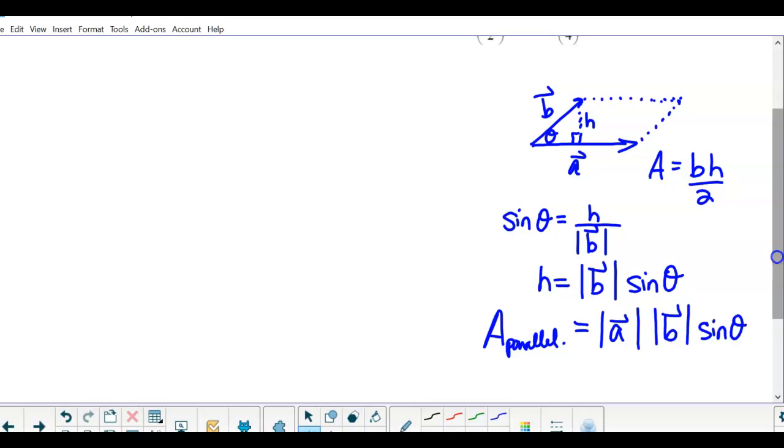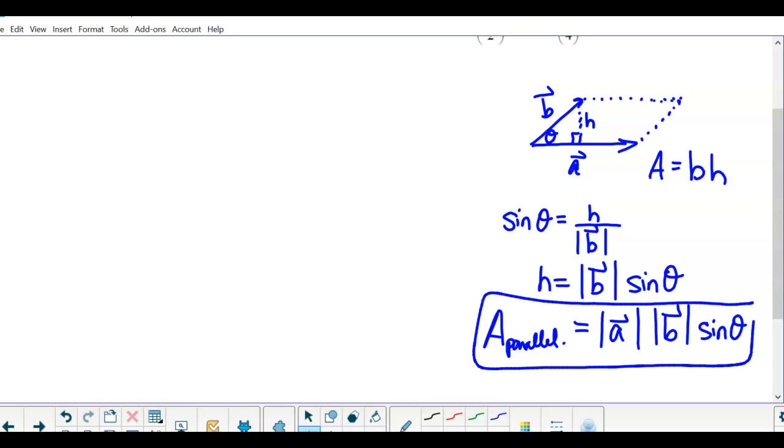That's for a triangle. This is base times height. So there, that is the magnitude of the cross product. So the area of a parallelogram formed by two vectors is equal to the magnitude of the cross product of the two vectors.